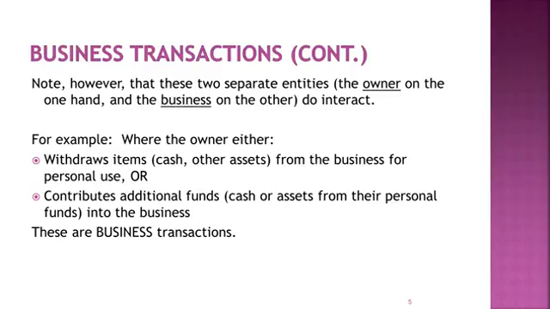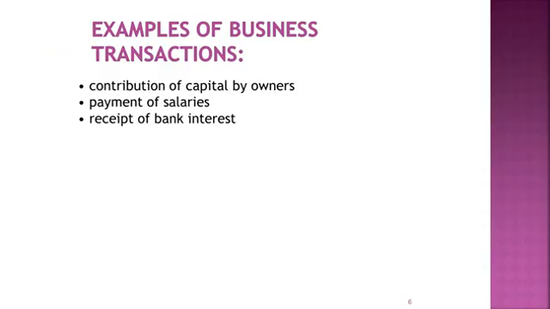He can take cash for personal use from the business, or if the business runs a garage, for example, and fills up the car, takes bread and milk from the stock in the garage shop, then that would be withdrawing other assets for personal use, and they have to be accounted for. The other transaction between the owner and the business is when the owner contributes additional funds, either in cash or assets from their personal funds to the business. So these two examples are business transactions, and they occur between the owner of the business and the business.